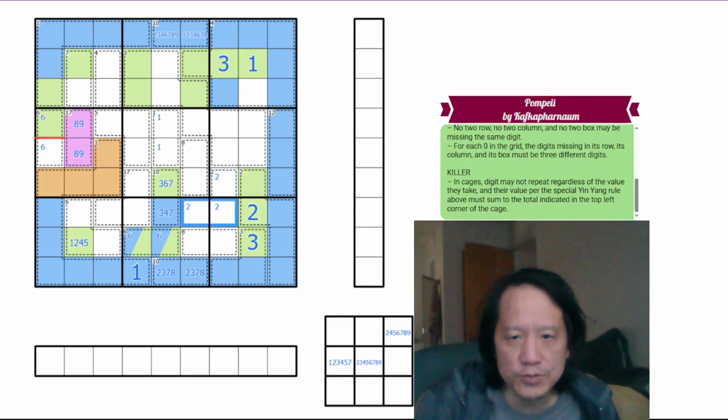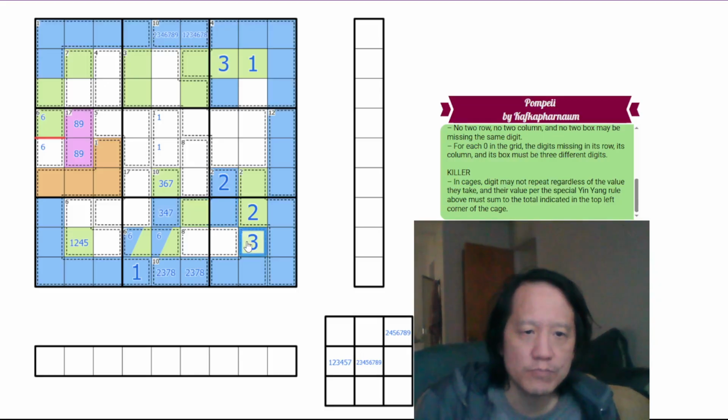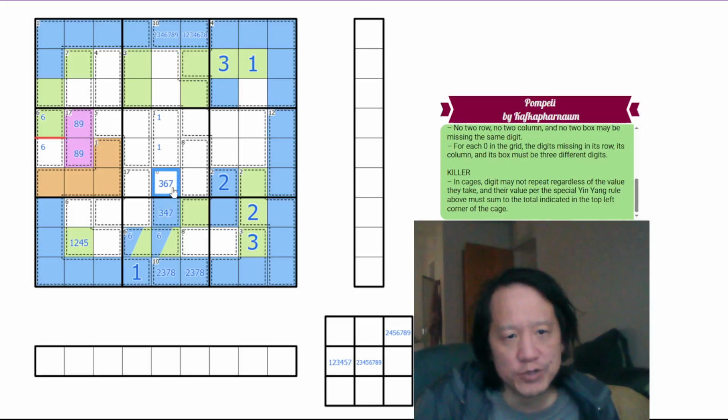This cannot be 2 here. So this must be 2 here and be blue. So that's blue. This has to not count, so this is blue. And this must not count, so this must be green. Well, we have green. Well, we don't know what that is. This is blue. We don't know what that is.